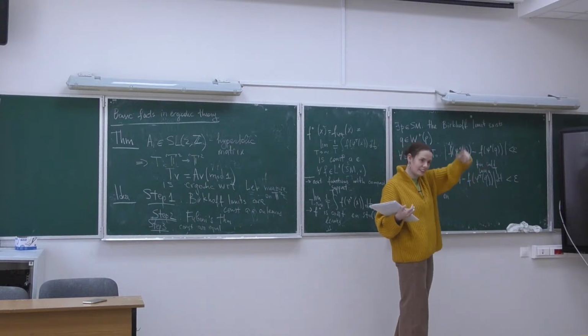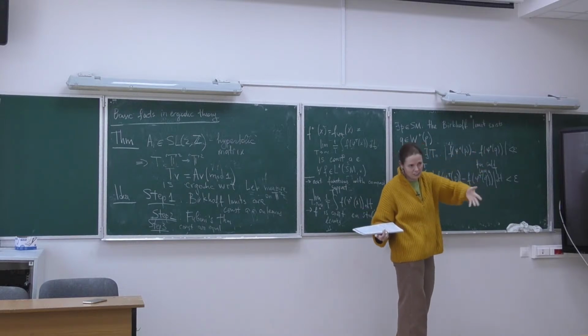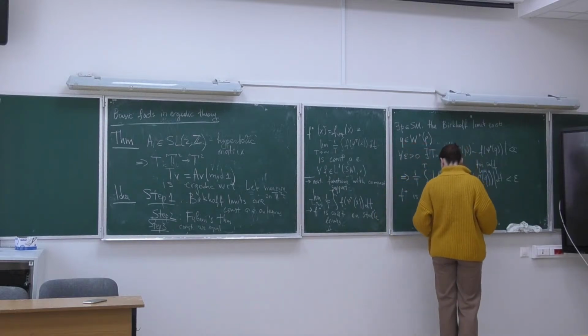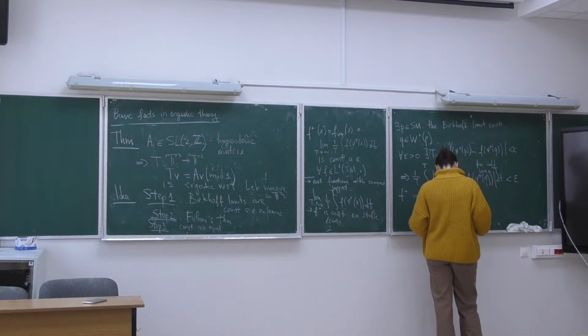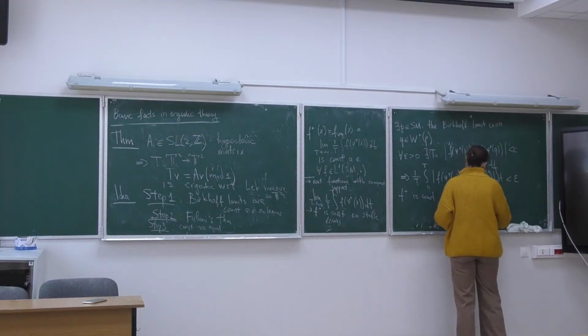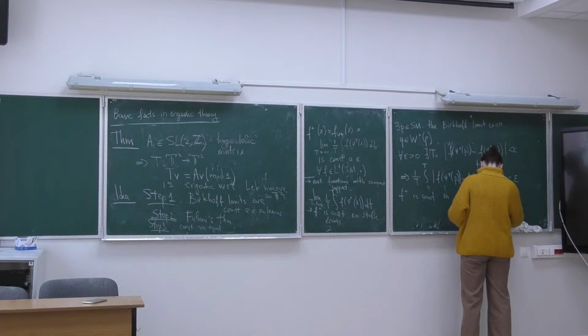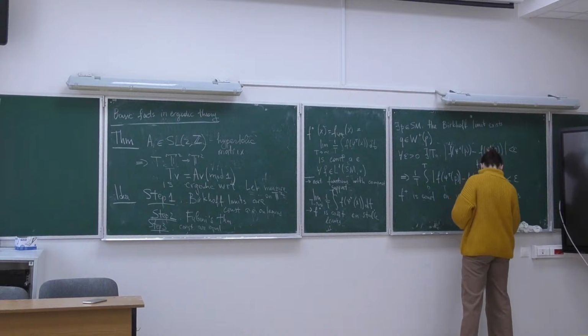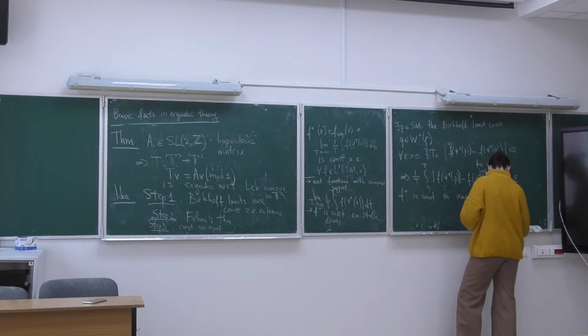You remember these things that were integrable curves of the geodesic flow itself. So we claim that this f plus is constant on weak stable manifolds, so it's integral manifolds of E0 plus E plus.